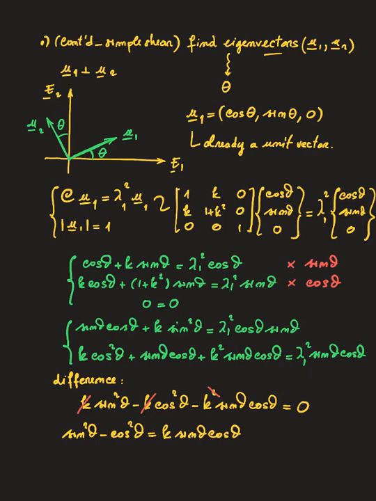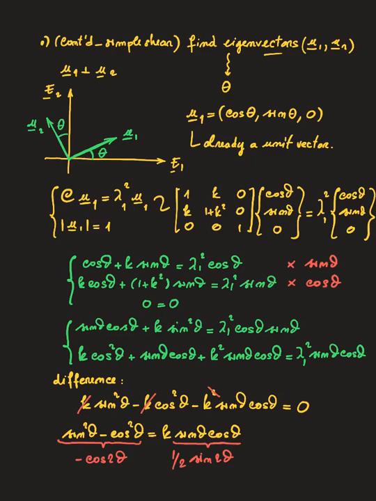Okay, so to solve this equation we can simply remember some trigonometric identities. The difference of squares is nothing but minus cos 2 theta. And on the other hand, sine times cosine is nothing but 1/2 of sine 2 theta.